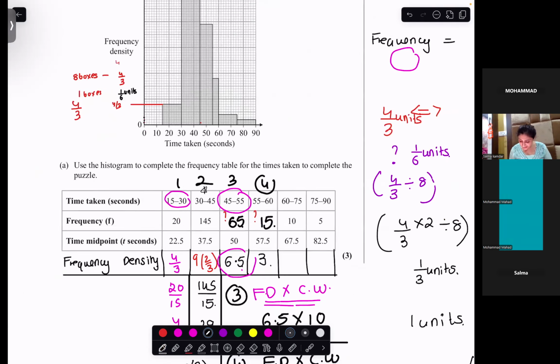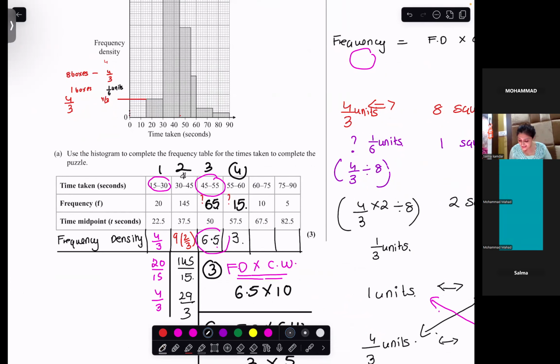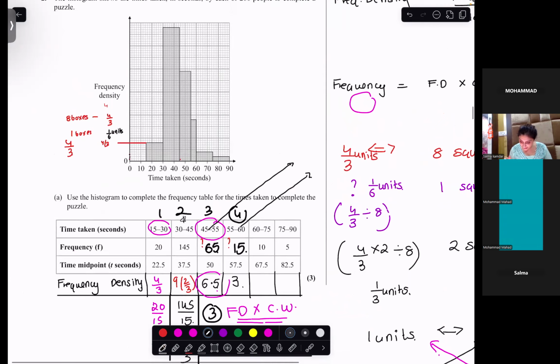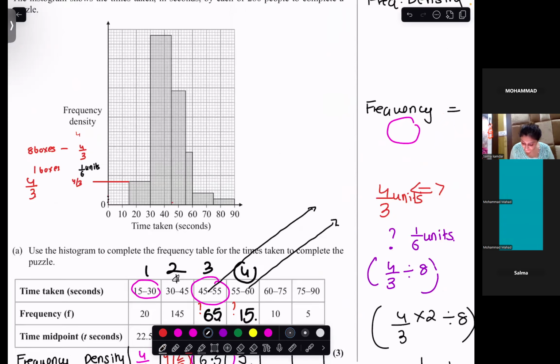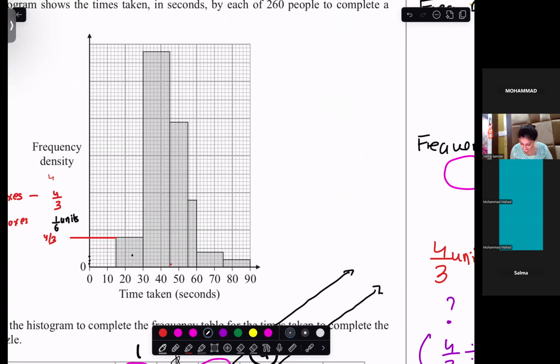Now, I need to find the frequency density of class 3 and class 4 by using this. So what will I do? I will mark what I need for class 3. So this is class 1, class 2 and class 3. So I mark this over here.